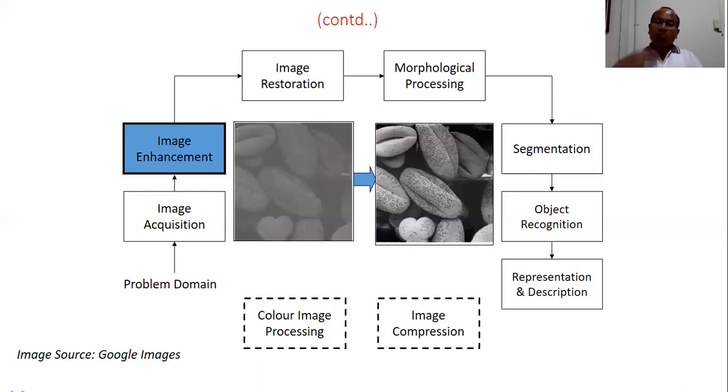Second is the computer's perspective, the machine's understanding. A machine or computer does not bother about the beautiful or handsome or smart appearance of the image. Rather, it is interested in whether the system is able to extract the attributes or not. And for that requirement also, image enhancement is needed.